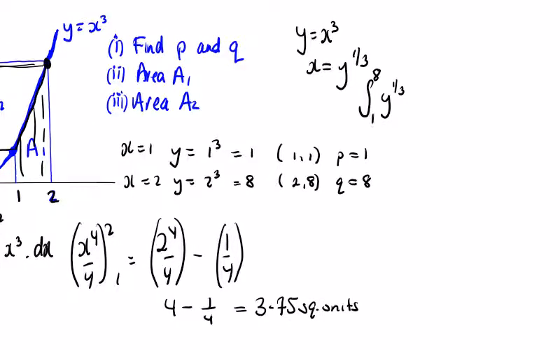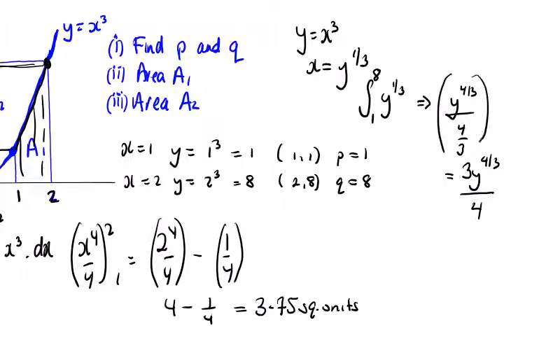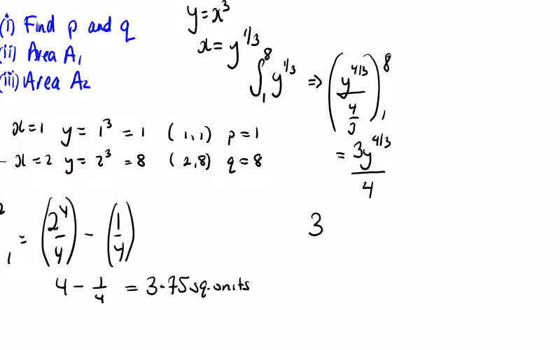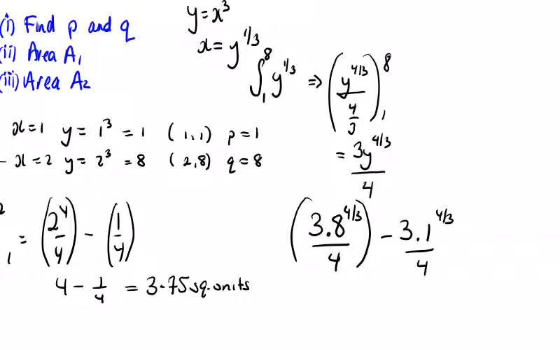Between 8 and 1, we're going to get increase the power by 1, y to the power of 4/3 divided by 4/3, which is equal to 3y to the power of 4/3 over 4 between 8 and 1. So that's going to give me 3 times 8 to the power of 4/3 over 4 minus 3 times 1 to the power of 4/3 over 4.